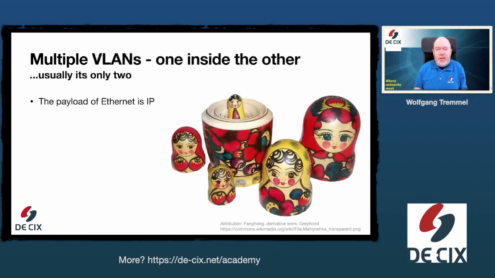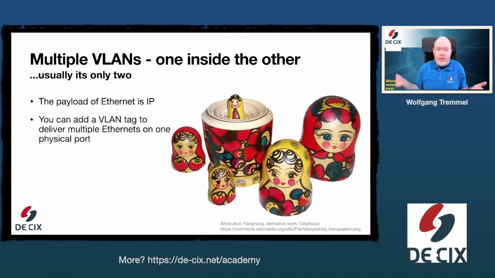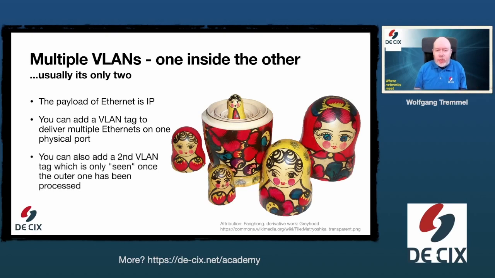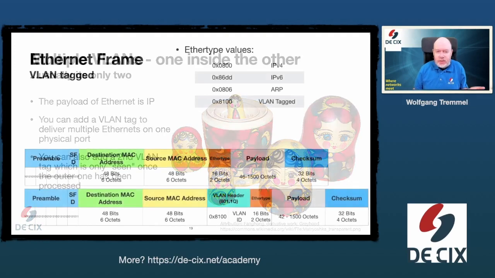Keep in mind, if you have multiple VLANs on one port, the payload of Ethernet is IP, and the VLAN tag is used to deliver multiple Ethernets on one physical port. Now you can add a second VLAN tag to deliver even more logical VLANs on one physical port. Let me show you how the Ethernet frame changes if you do that.